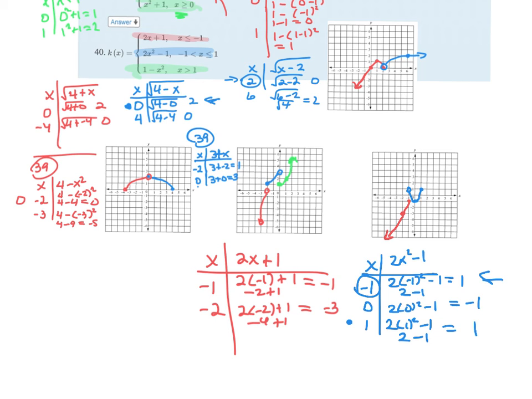And then lastly, I have 1 minus x squared. I'm picking values of x that are 1 or larger. This one will be an open circle because it's just a greater than symbol. And then I can also plug in 2. So 1 minus 1 squared is 0. 1 minus 2 squared is negative 3.